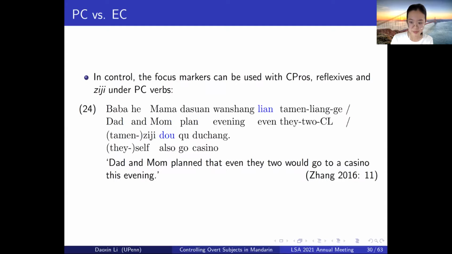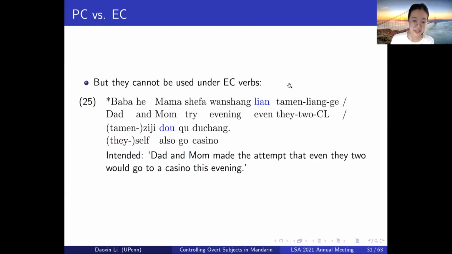Now in control, those focus markers can be used with those elements under a partial control verb. So dad and mom plan evening, even they too or they self also go casino is grammatical, suggesting those elements are in the DP here. But under the exhaustive verb try, this sentence is ungrammatical. So this indicates those elements here are only adverbs under the exhaustive control verb.